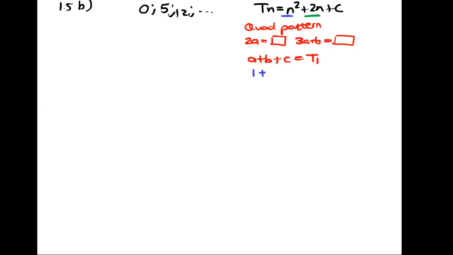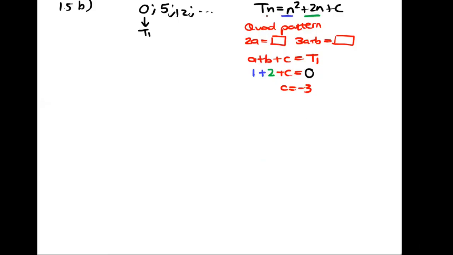Your b is the value in front of n, so that's 2. Plus c equals, and like Deanna has said, we're going to use 0 because that is our first term. And there we get the answer that they wanted. c is -3. So that's the first way you could use in order to find c.